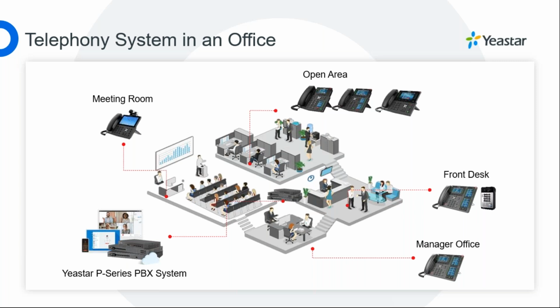If this is the on-premise system, then we deploy this in the server room. And then, like I mentioned, we use the auto provisioning feature to handle all of our endpoints registration. So in the open area, in the meeting room, in the manager office, those endpoints are registered on our system by auto provisioning.